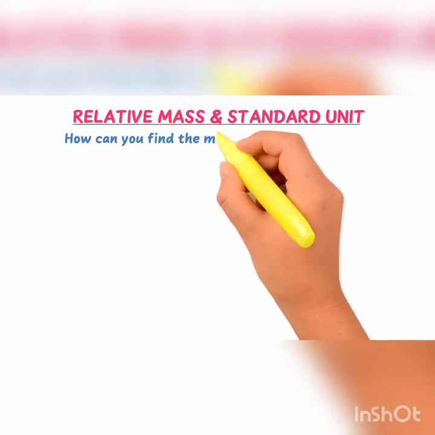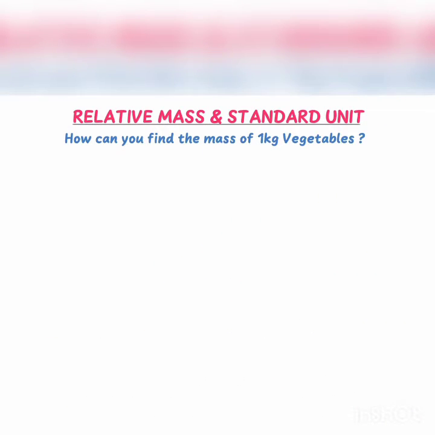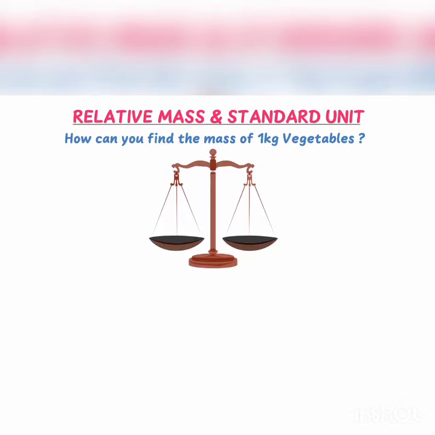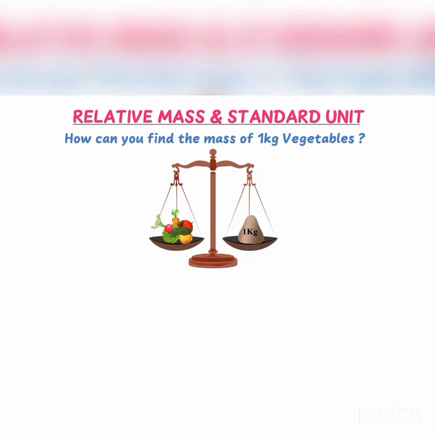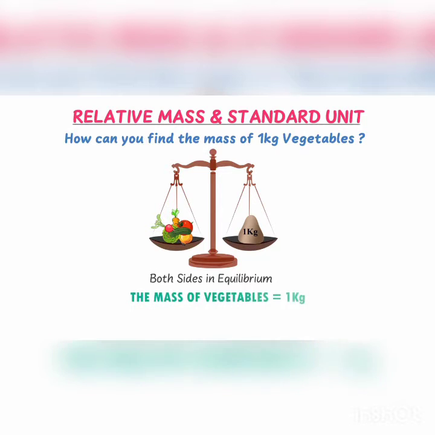Let me ask one question. How can you find the mass of 1 kg vegetables? Yes, you will put a 1 kg steel weight on one side of the balance and vegetables on the other side of the balance. When both sides are in equilibrium, we can say that the mass of the vegetables is equal to 1 kilogram.